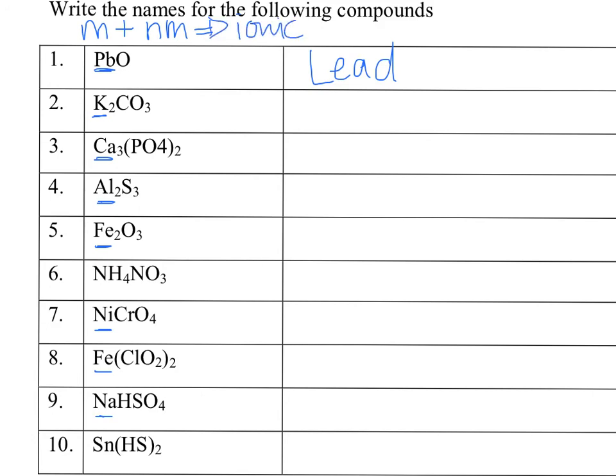Okay, what does ionic mean? It means no prefixes. Okay, no prefixes. So, it is lead. And it is oxygen, but she's a bride, so she's going to be oxide.